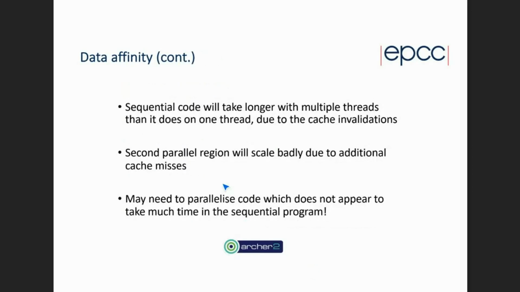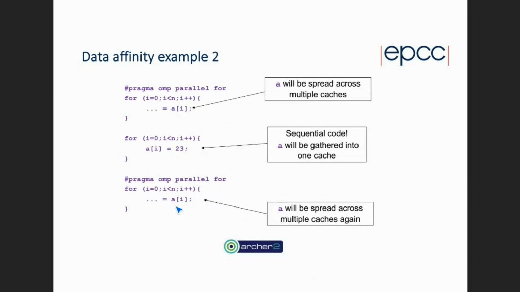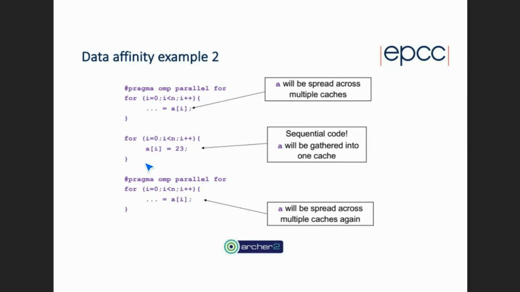So what will you see here? Probably this loop won't scale very well with increasing numbers of threads, because of these extra memory access costs. What you might also observe, which is really non-intuitive, is that this sequential loop will take longer if there are multiple threads executing these other loops.